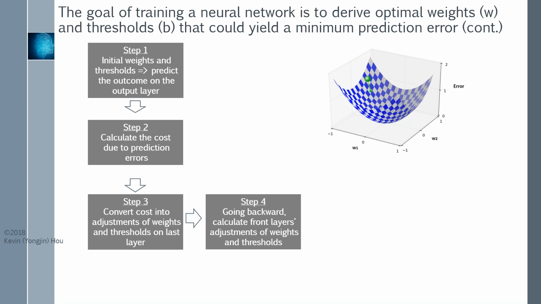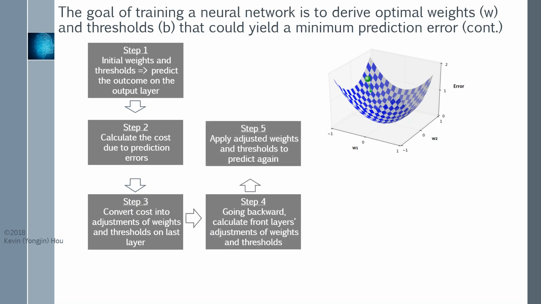With that, we first get the adjustment for the weights and thresholds on the last layer. Now we push backward. We go from the last layer to the second last layer, then from the second last layer to the third last layer, eventually all the way to the very beginning. So in a rippling way, in a backward way, we're adjusting the thresholds and the weights layer by layer.